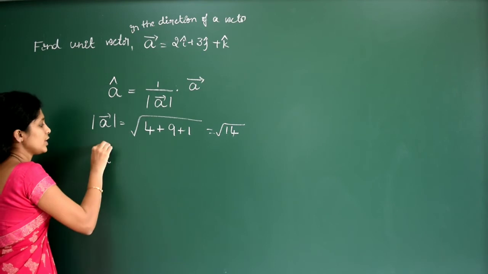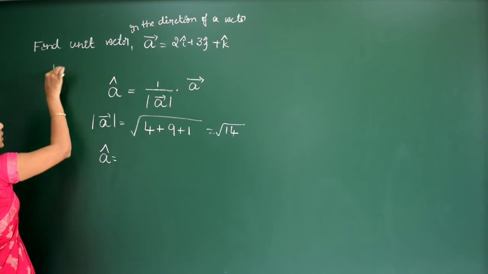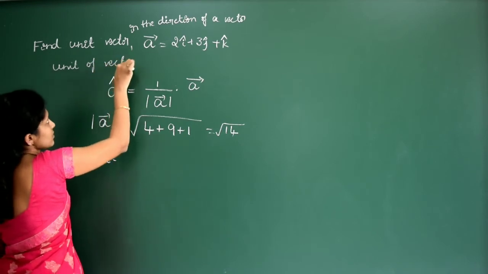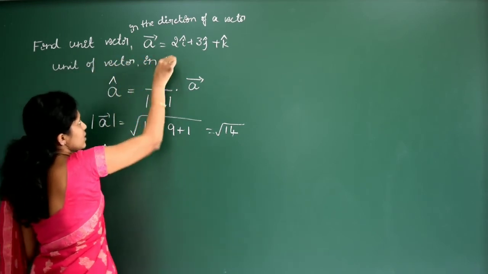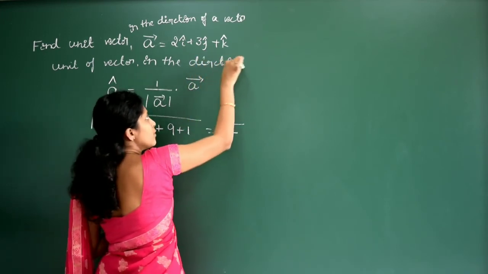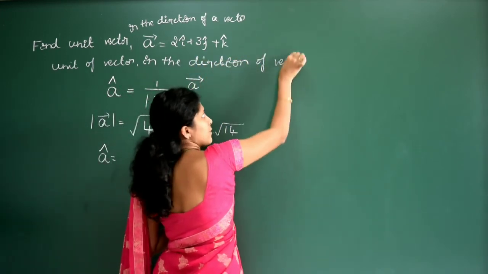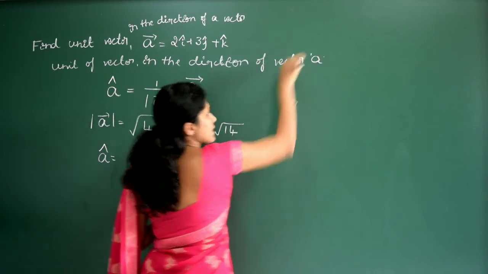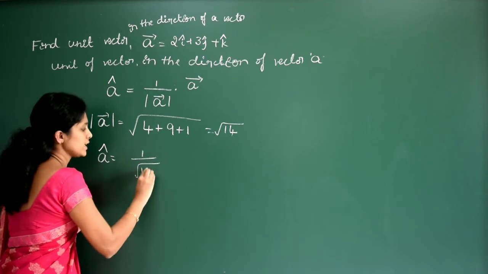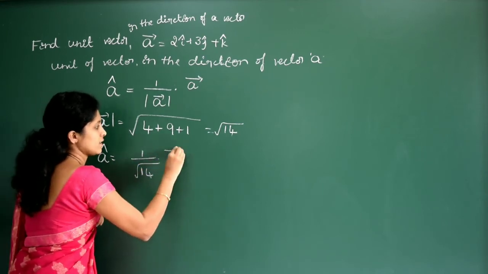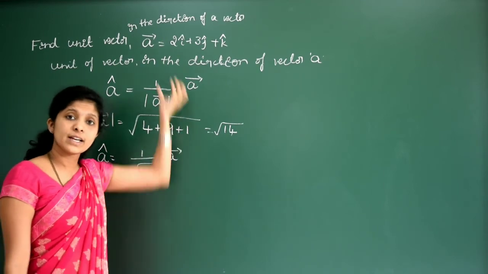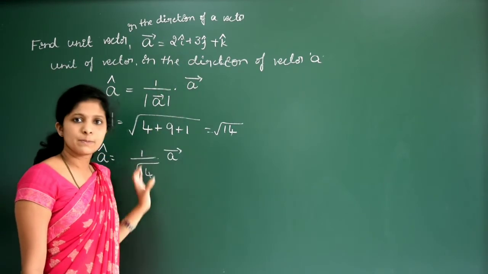Now better you write the unit vector in the direction of vector A. Vector A is given by this. Now A cap is equal to 1 by root 14 into A vector. As I told you, this is a scalar which is multiplied with the vector, so you just have to multiply each and every element.